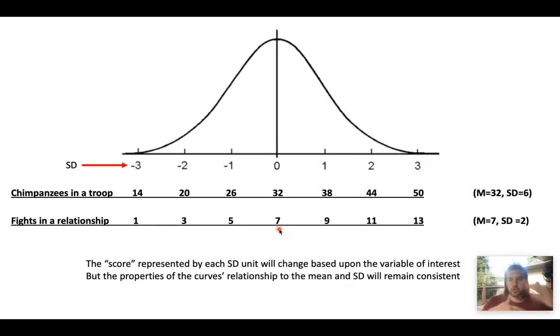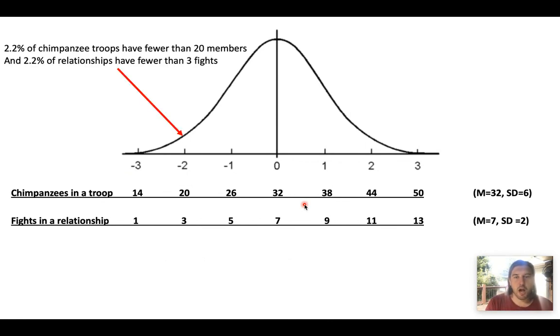So we can swap out variables, and that will change the actual values along the bottom of this curve. But the nature of the curve does not change based on the variable you're using. The same percentages still apply. So we can say that some percentage of troops have fewer than 20 members, just like some percentage of relationships have fewer than 3 fights.